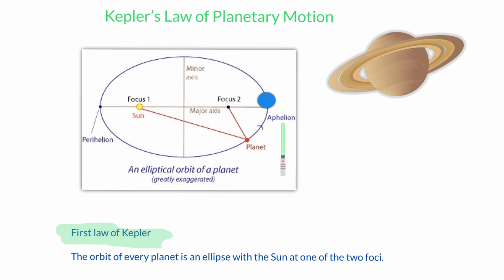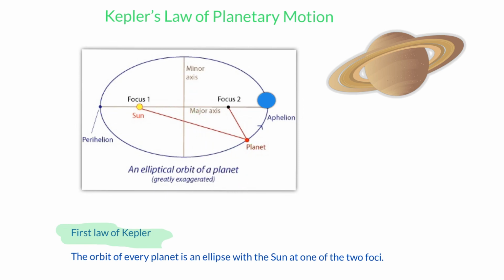So perihelion distance is the minimum distance from the sun and aphelion is the maximum distance from the sun of the planet. This is the major axis of the elliptical orbit and this is the minor axis of the elliptical orbit.